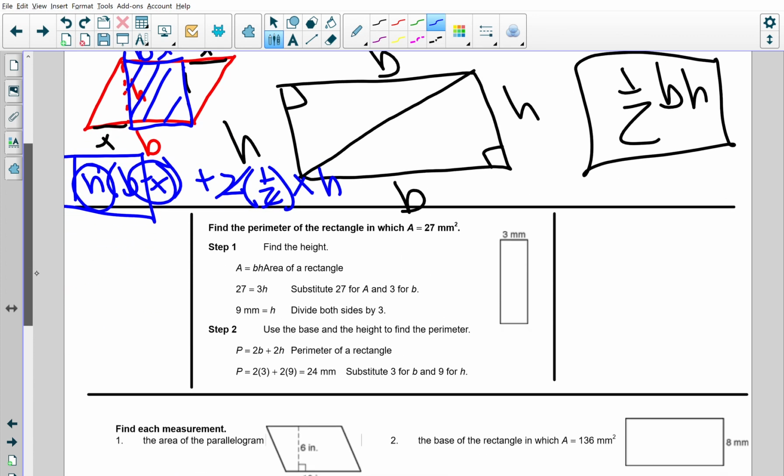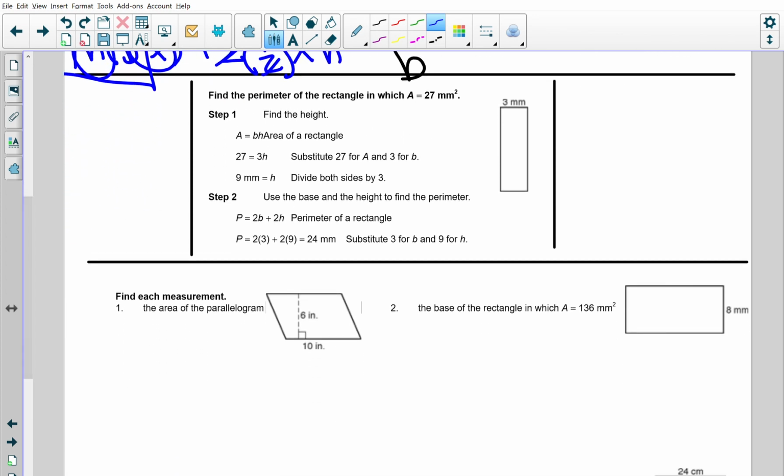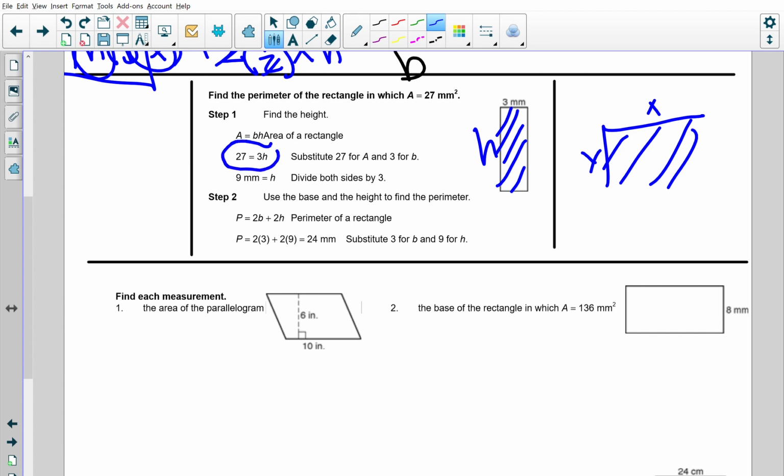Let's look at some examples. You see right here, they give you a rectangle whose area is 27 square millimeters. That means the space that it covers, the two-dimensional space, area, right? If the area is 27 millimeters squared, we know that has to be the base times the height. And sure enough, you set up your equivalency, divide both sides by 3, and get the answer, which is obviously 9.